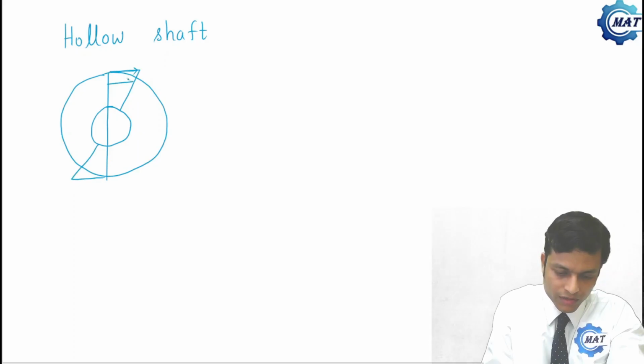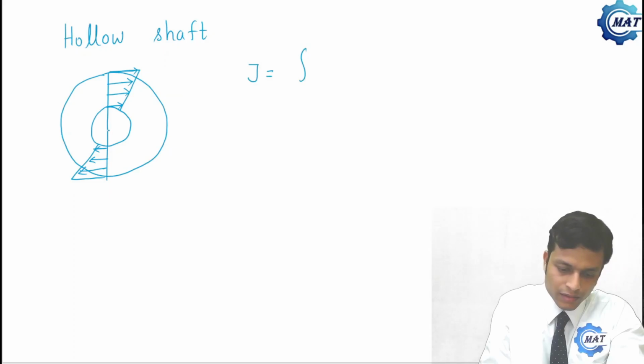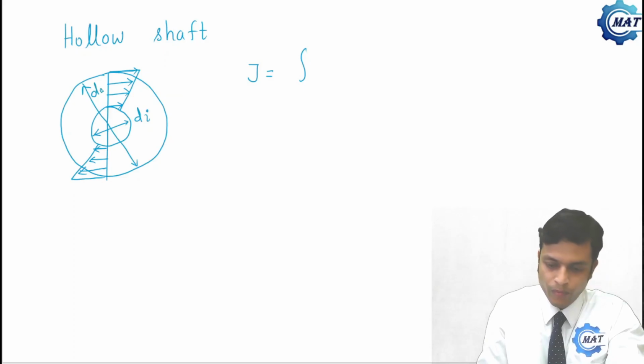So this is the stress distribution. And for a hollow shaft, J will be what? Say the inner diameter is di and the outer diameter is do.